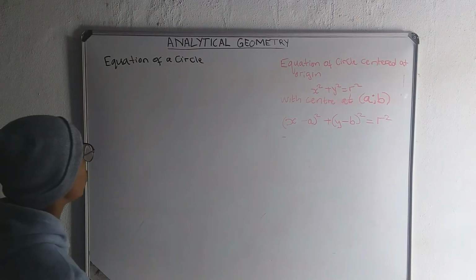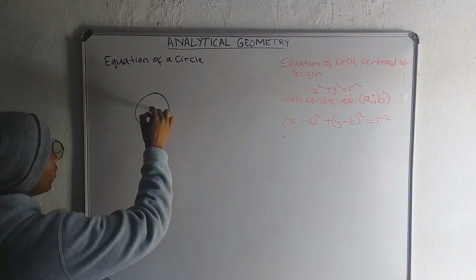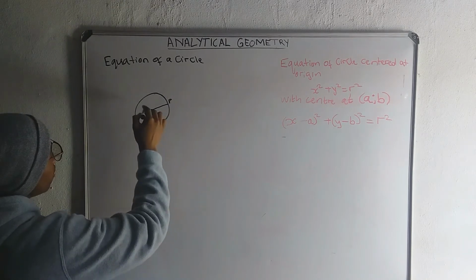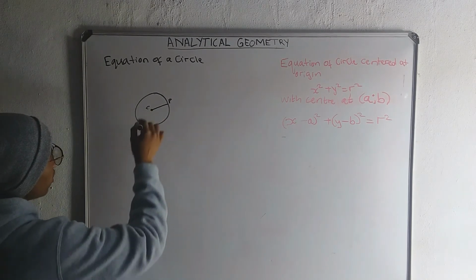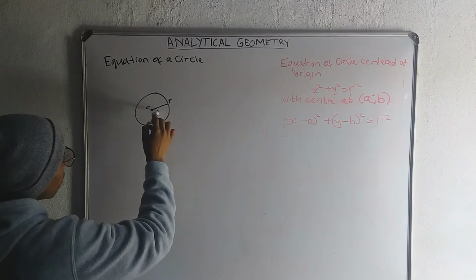So here's what we do here. We have our circle and then our radius, and then this is our point P, and then this is our point C. And the coordinates of point C are (0, 0). Why?